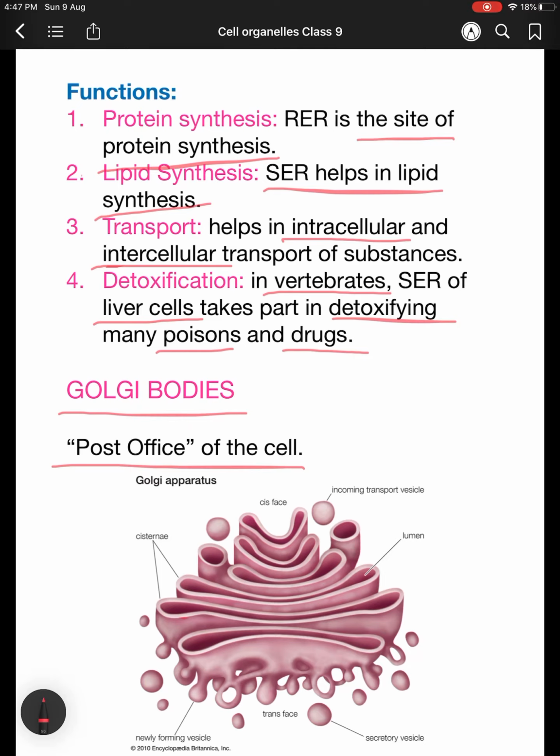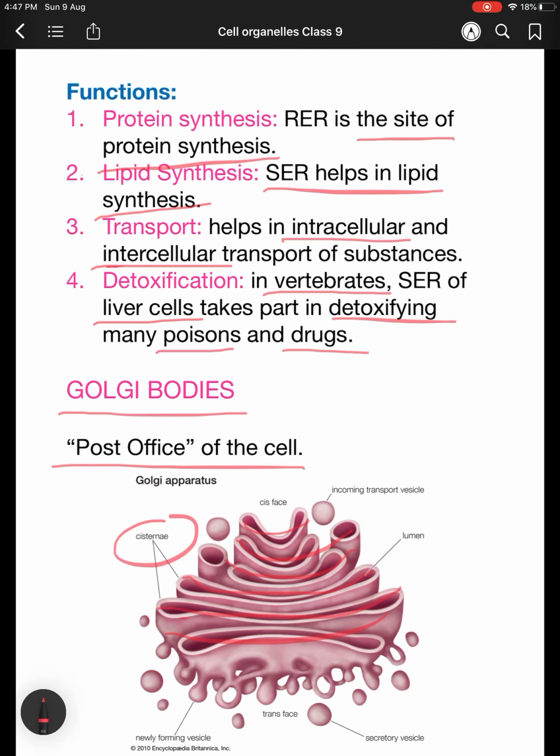So as you can see in the diagram, it is made up of many layers, or we can say membrane bound vesicles which are arranged approximately parallel to each other and is known as cisterns.